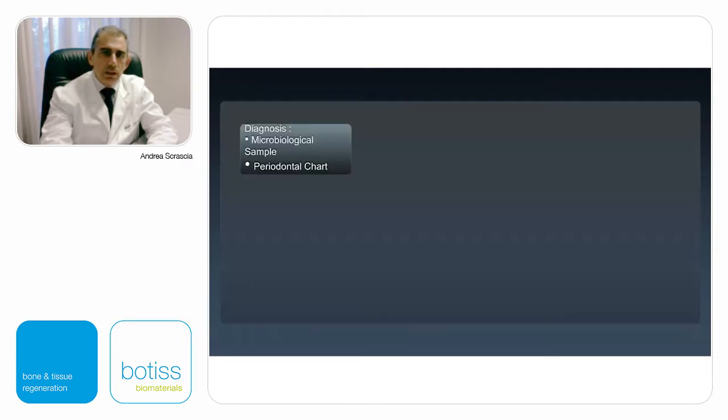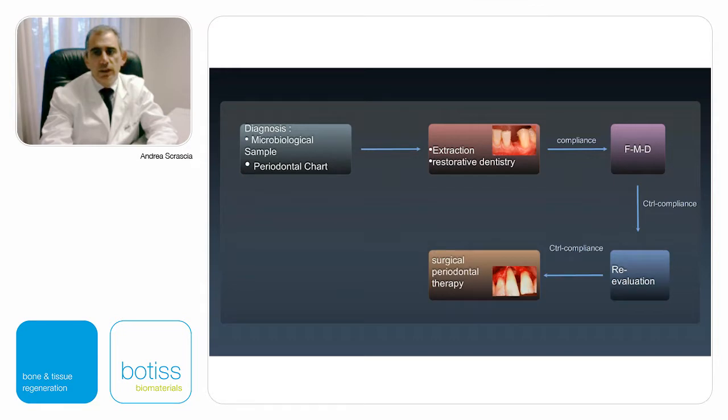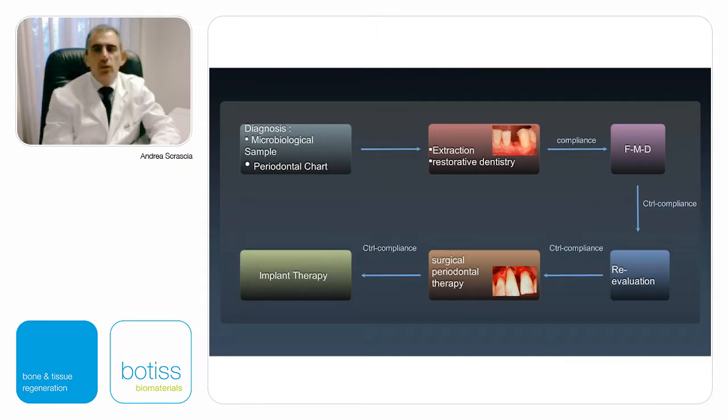So when we have to treat this kind of patient, the steps must be the diagnosis, which has to be executed with a periodontal chart and eventually using microbiological samples that can be useful to determine bacterial type, and executing restorative therapies and eventual extraction, periodontal treatment alongside patient compliance, and then, at the end, execution of eventual surgical periodontal treatment, and after all this, execute implant therapy.